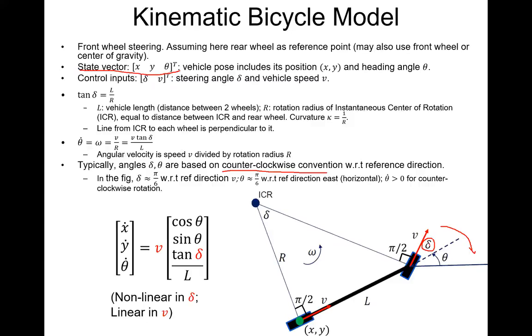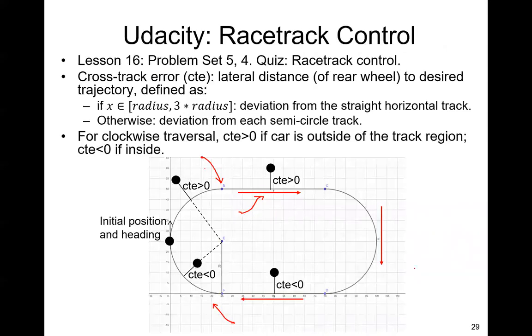This is on the next slide. The CTE is the CTE, like if it's larger than 0, you're to the left of the road. And if it's less than 0, then it's not to the left, but to the outside of the track. So it's here and it's here. A CTE is all positive. If it's inside, it's negative.